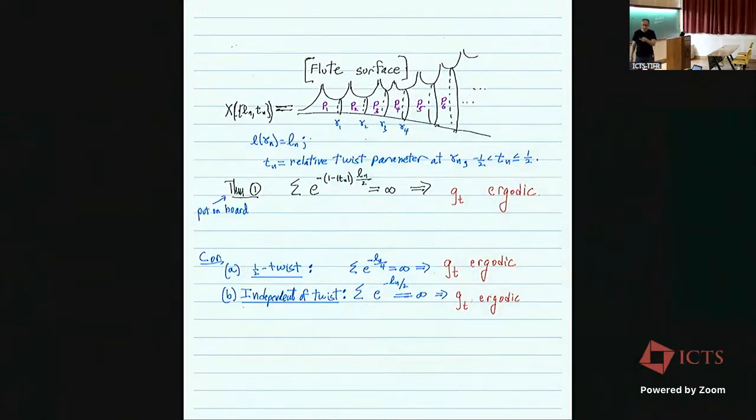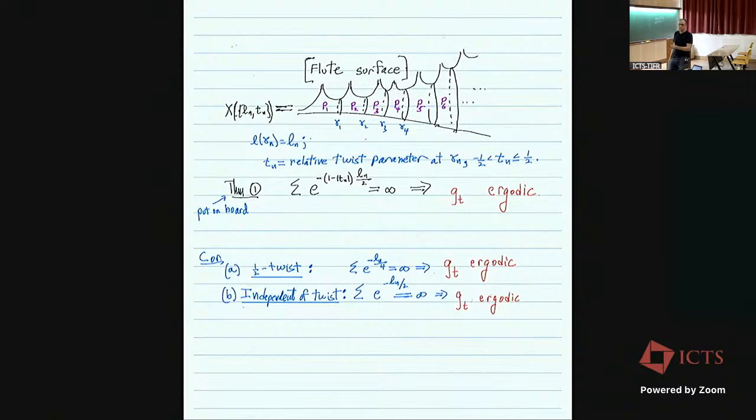Okay, so in order to appreciate this, the thing to do is to think about how ergodicity is not something easy to nail down for an infinite type surface. And at least in this small set of examples, by the way, we're doing this with the flute surface, but there's a theorem like this for all infinite type surfaces.